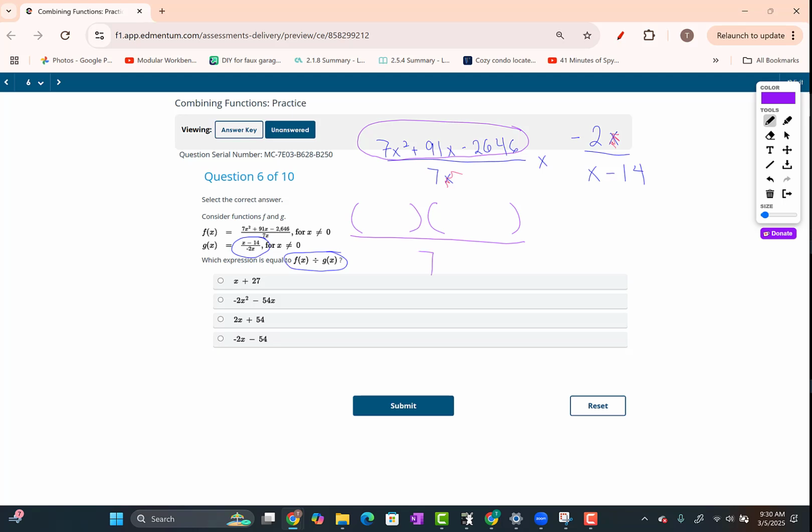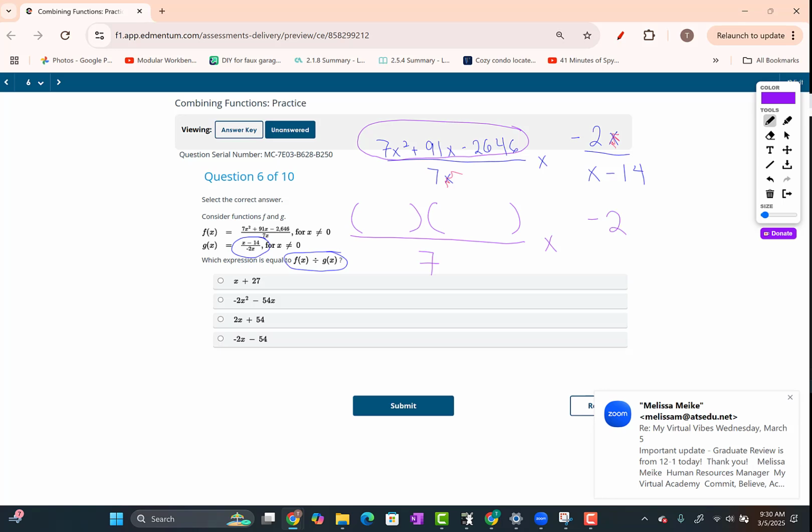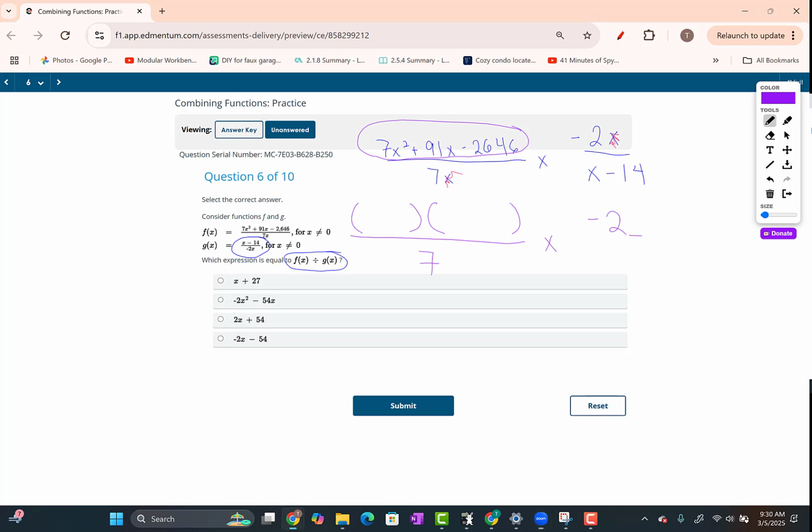So I'm going to rewrite it just with empty spots for now, and then keep everything else the same.